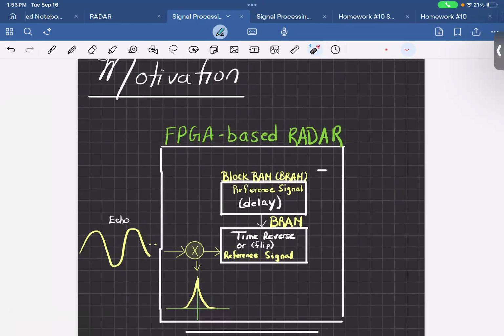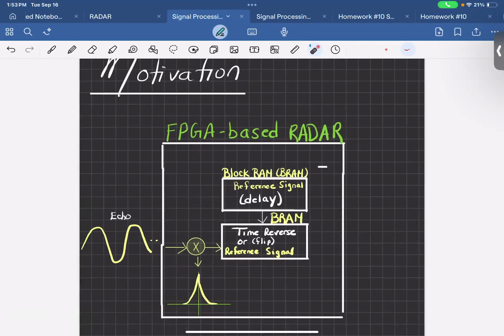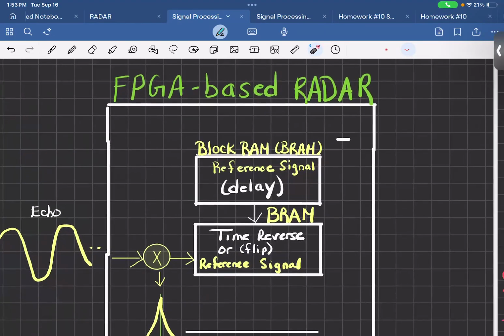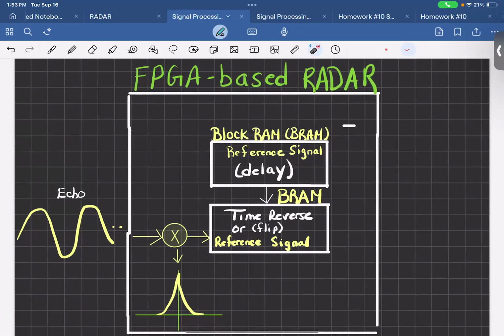Let's start with why we are doing this. A practical example comes from FPGA-based radar signal processing. On the FPGA, we first store the known signal in memory, which is block RAM, creating a short delay. Then we reverse the signal in time, second block RAM, and multiply it with the incoming echo signal.